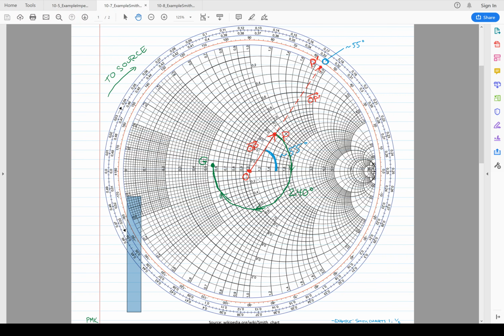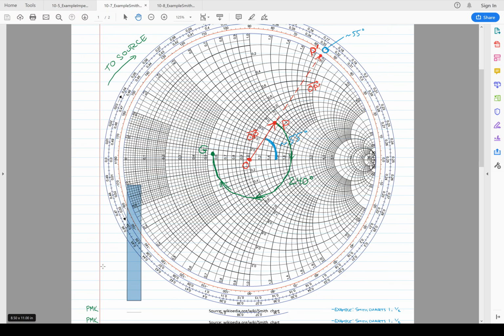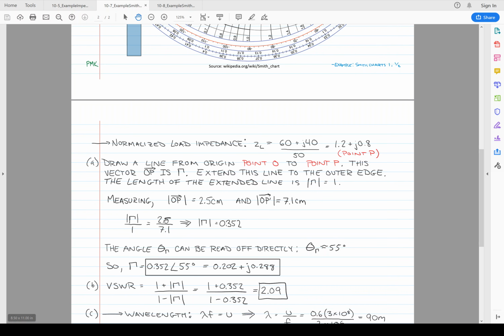What I really want is the magnitude of the reflection coefficient at point P, not P prime. So I measure the distance from O to P, and when I did that by hand, I got approximately 2.5 centimeters. I set up a proportion, because this is drawn to scale.